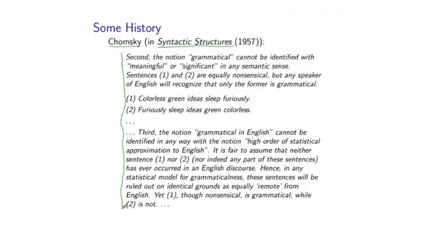So this is a very involved argument. It has provoked a lot of discussion. I won't get into it. But he has arguments for why probability really doesn't have much to do with grammaticality. And it's a very interesting argument. As I said, I won't get into the details.